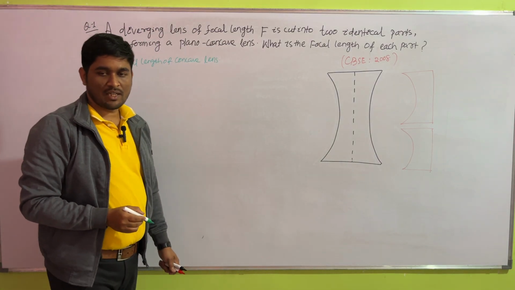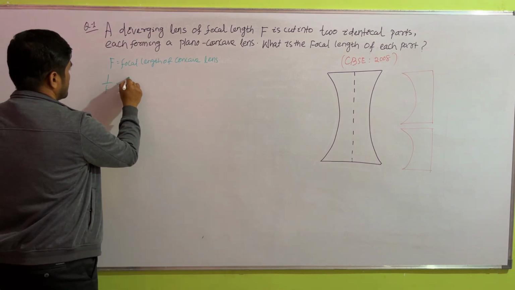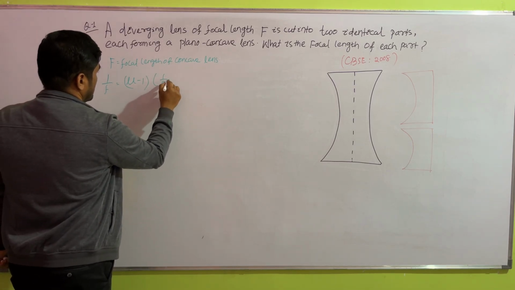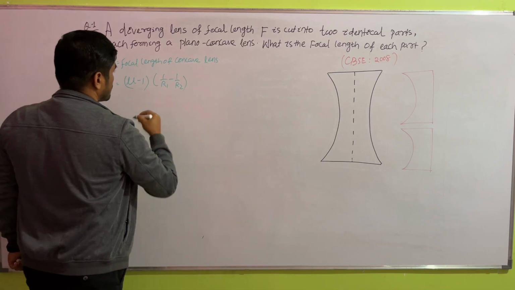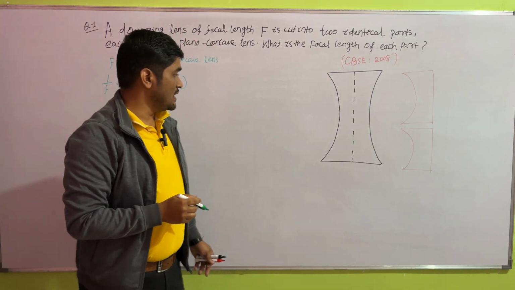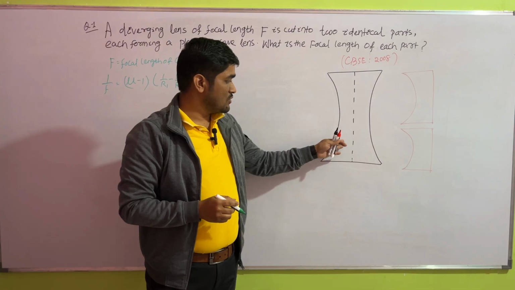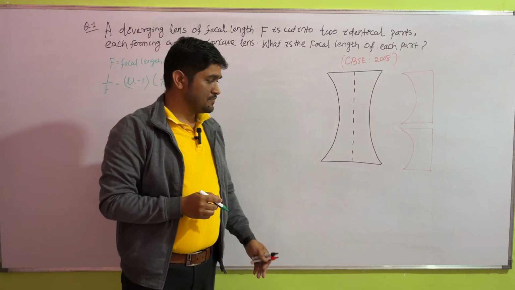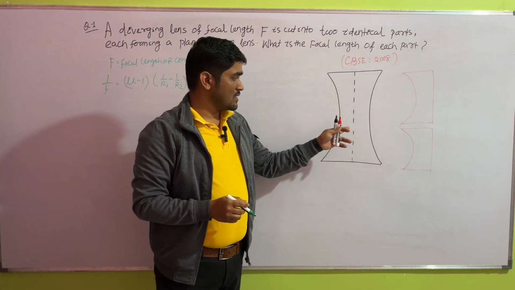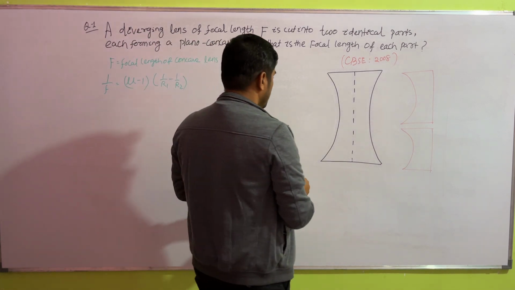What is the lens maker's formula? 1 divided by f equals mu minus 1 multiplied by 1 divided by r1 minus 1 divided by r2, where f is the focal length of the lens, mu is the refractive index of the material in which the lens is made, r1 is the radius of curvature of the first surface, r2 is the radius of curvature of the second surface.